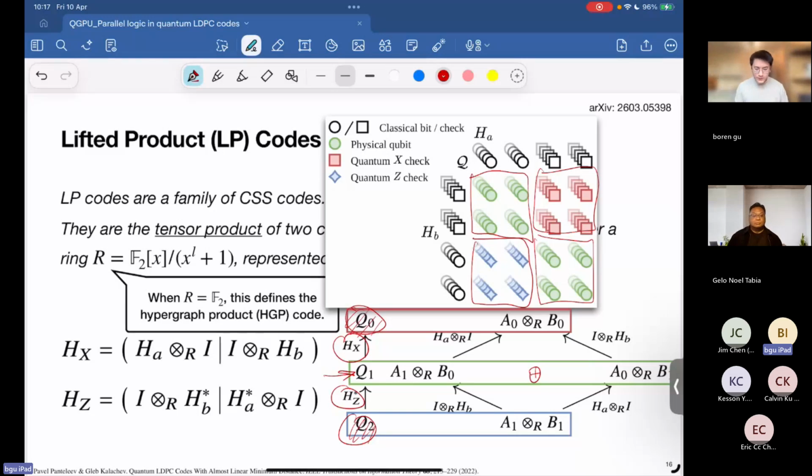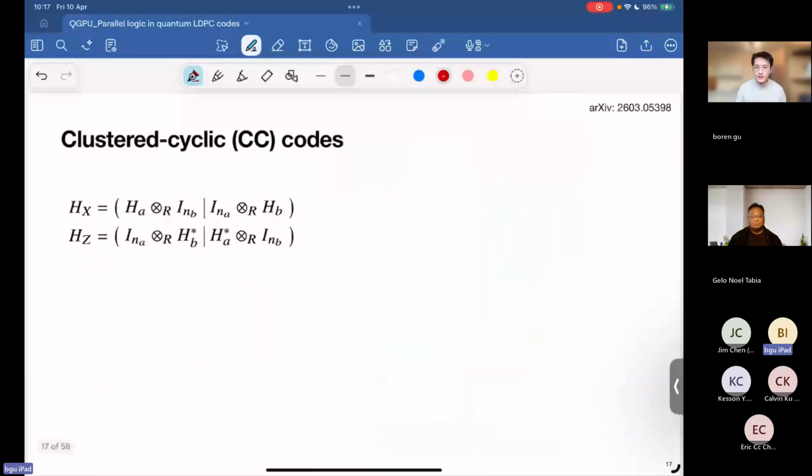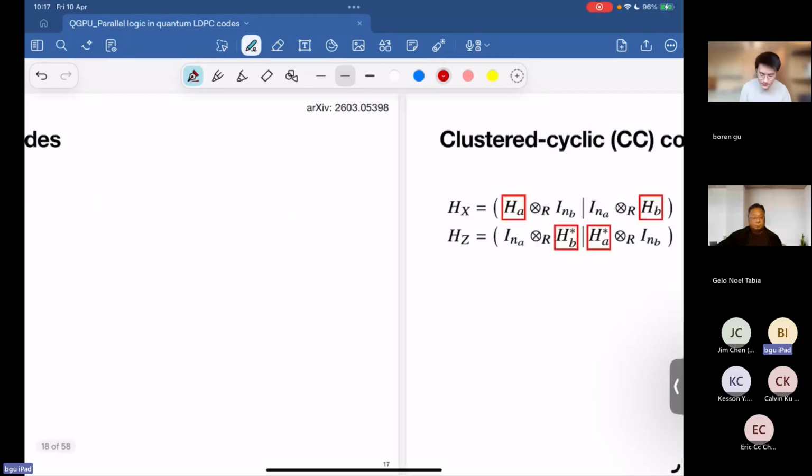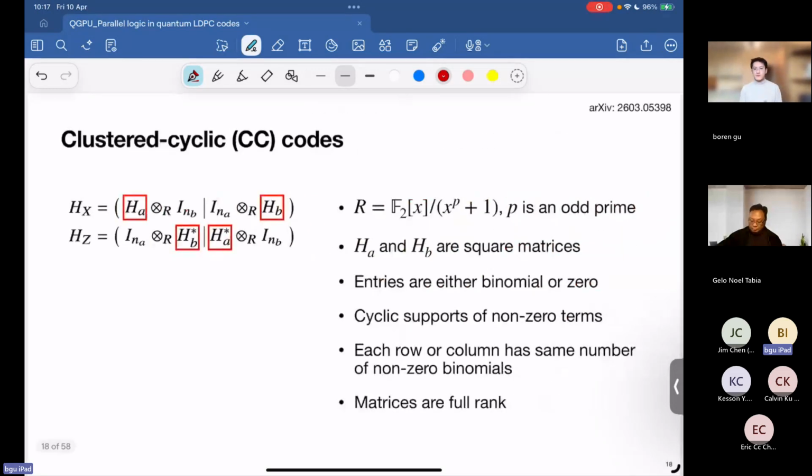Okay, so as introduced, the cluster-cyclic codes are a subset of the lifted product codes. But in which sense? This is a general standard parity check matrix for the lifted product codes, but we have some constraints over the seed matrices that we choose, the classical ones, if you still remember. And of course, some other constraints.